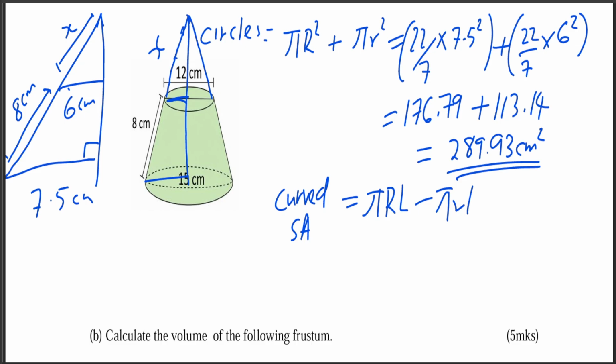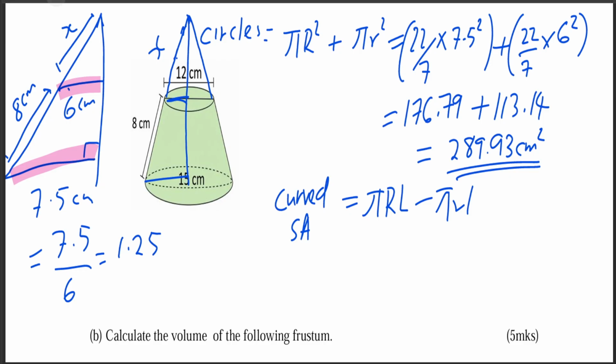So we want to find the value of x, the slant height for x, and the slant height for the larger cone. And that is where we're going to use linear scale factor. You get the linear scale factor by taking the base of the larger cone divided by the base of the smaller. So which is 7.5 divided by 6, which will give you 1.25.